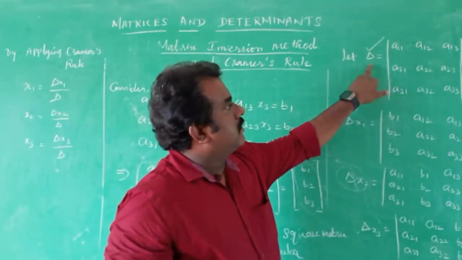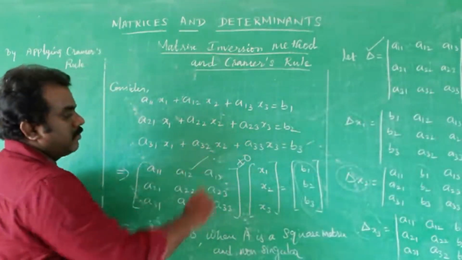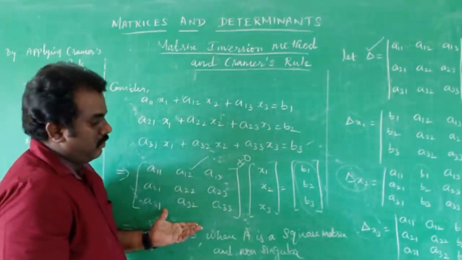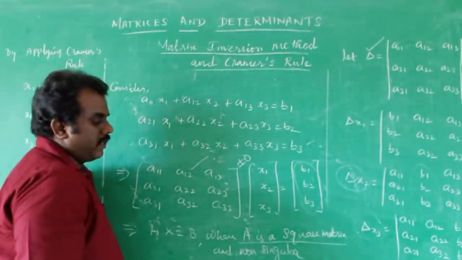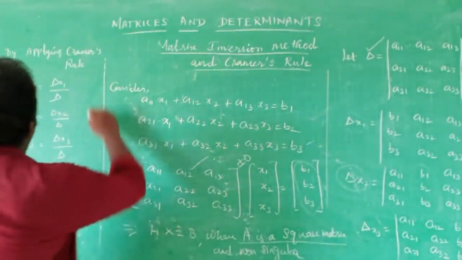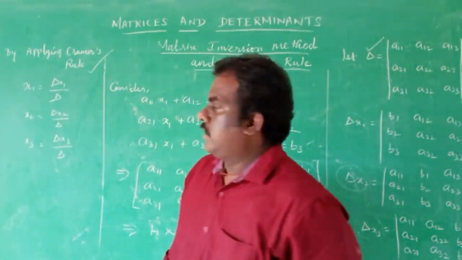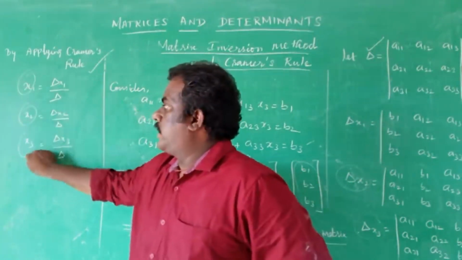And this delta is not equal to 0. Delta is not equal to 0 means the determinant of the coefficient matrix is not equal to 0. The reason is the given coefficient matrix is a square matrix and non-singular. Now applying Cramer's rule, how to find the value of x1, x2 and x3?